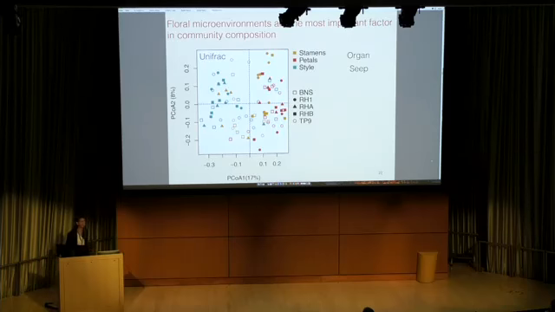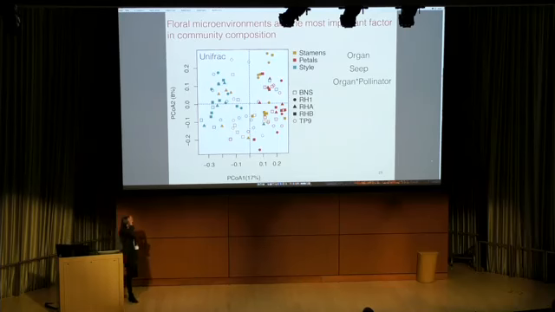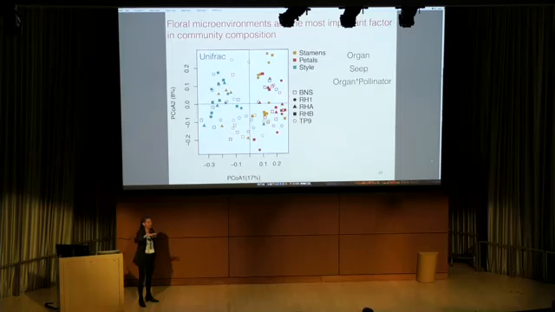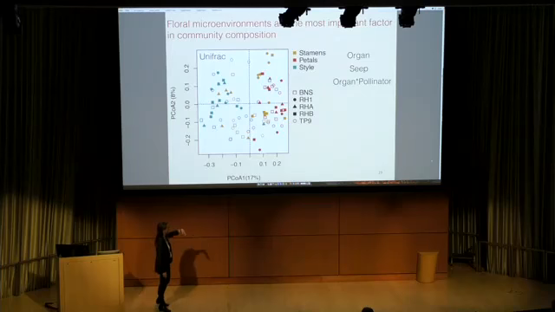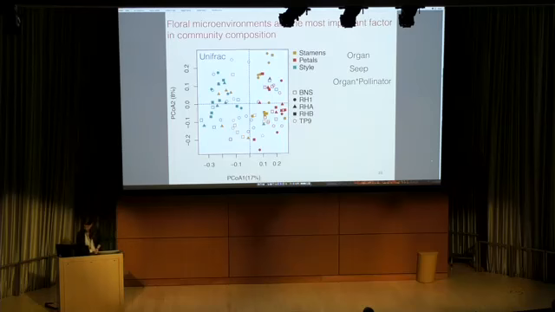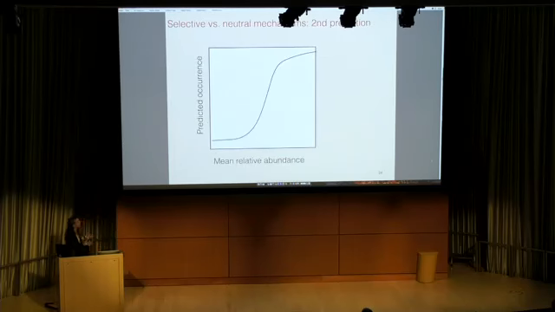Seep explains some of the variation, but much less. So that would be a geography proxy. And then the pollinator treatment did not explain a lot, and it was not significant, but the organ by pollinator interaction was.